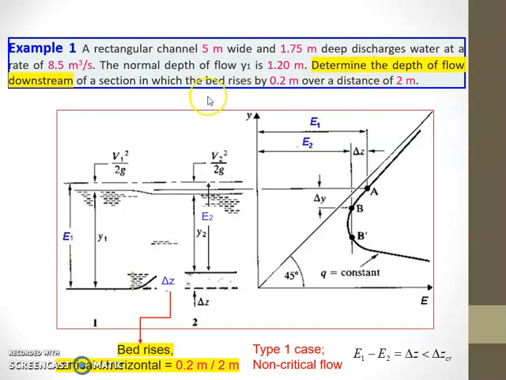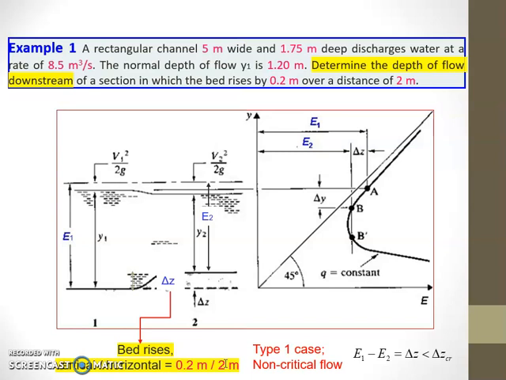In this case the bed rises by 0.2 meter, so you may assume that at location 2 there will be a hump with delta z 0.2 meter over the distance of 2 meter.